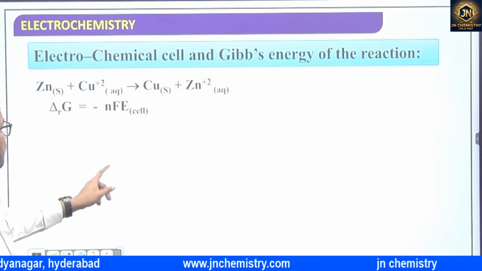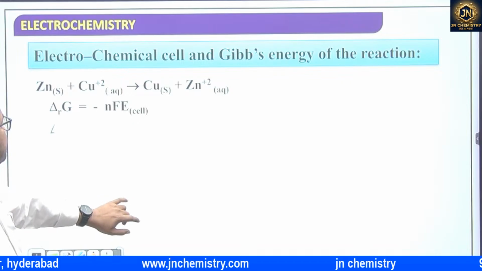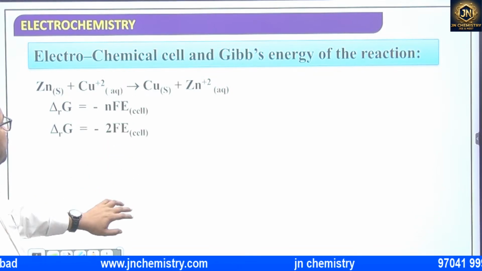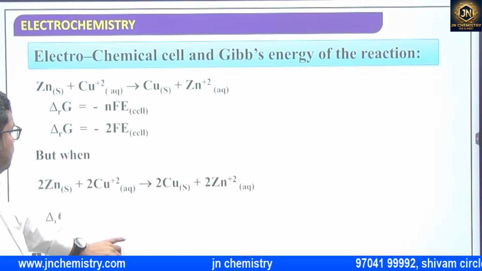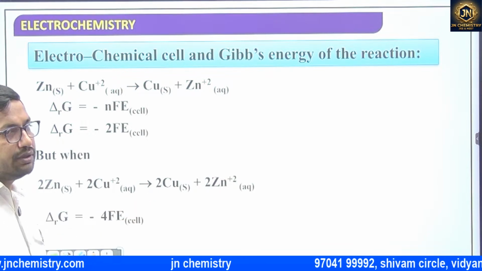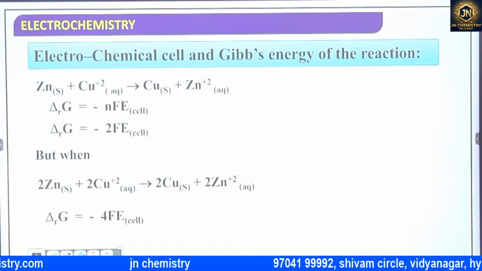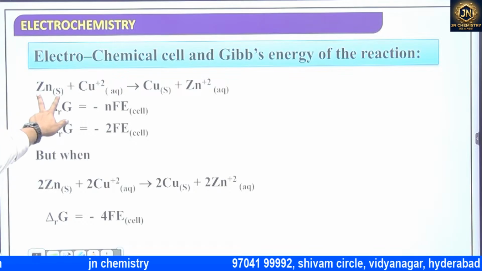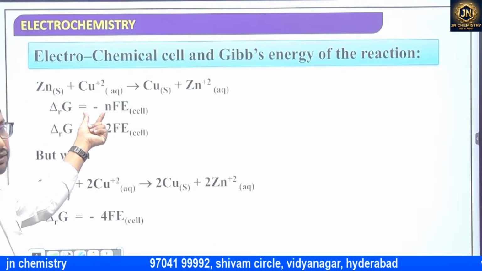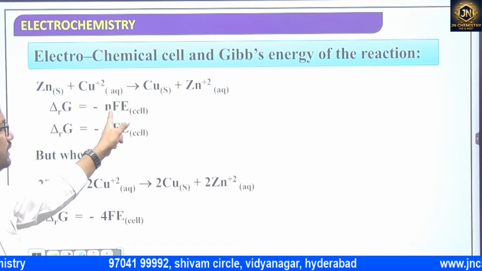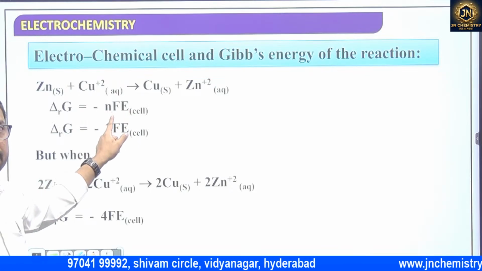So for example, in this case, 2 Fe. So see, write it down. We already know 2 electrons are transferred, right? Delta G is equal to minus nFE. What is n?